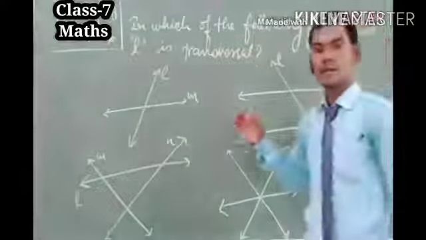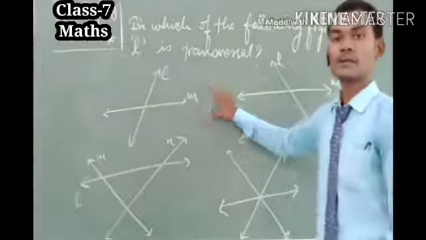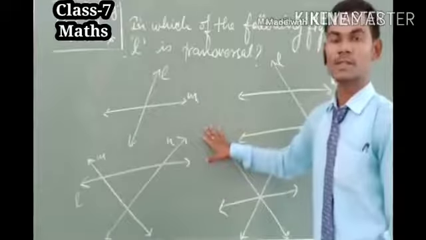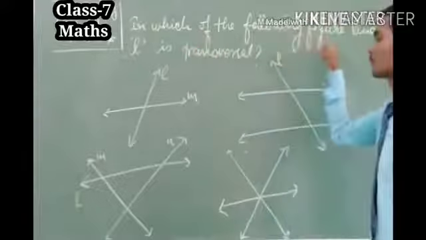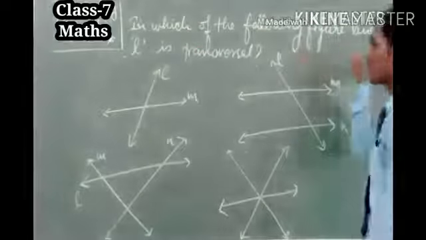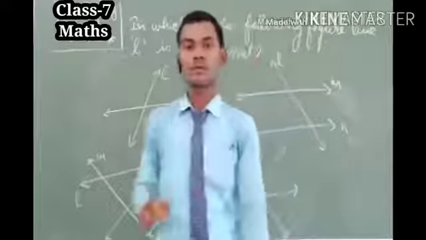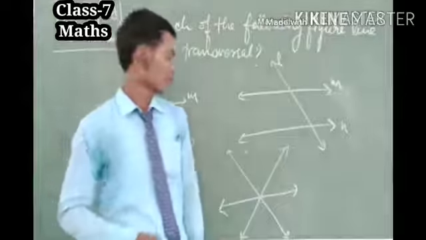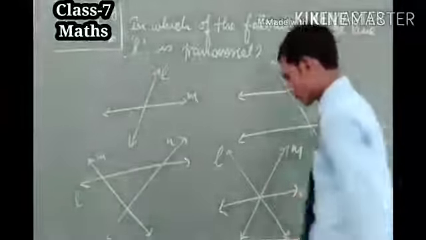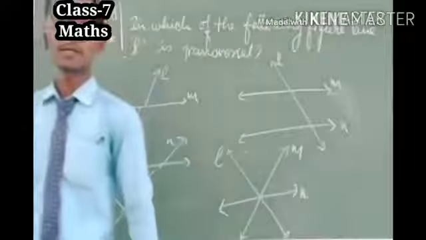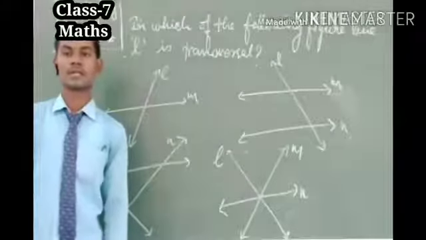Okay students, so there is an example in which we have to identify which is the transversal line and which is not. The given question is, in which of the following figures is line L a transversal? That means we have to find in which figure the line L is a transversal and in which figure it is not.